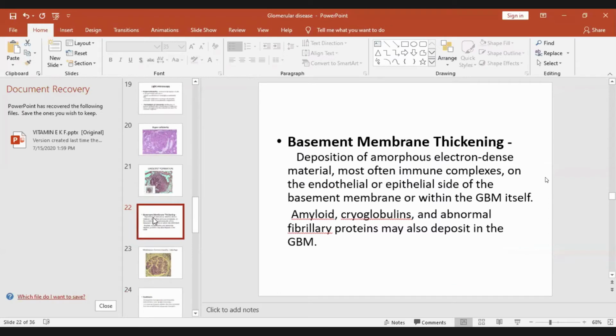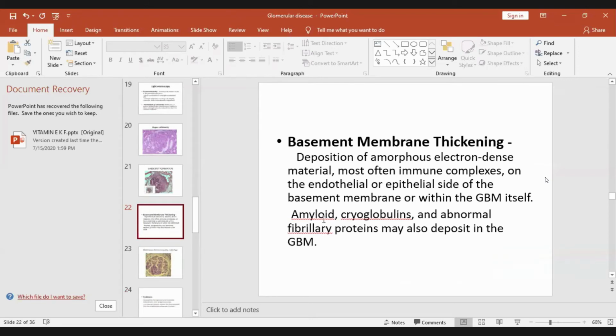Then third is basement membrane thickening. Basement membrane thickening is caused by deposition of amorphous electron dense material. Most often it is immune complex on the endothelial or epithelial side of the basement membrane, or this amorphous electron dense material is deposited within the basement membrane itself.